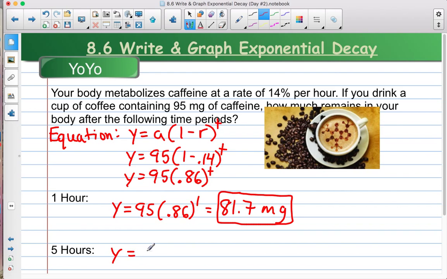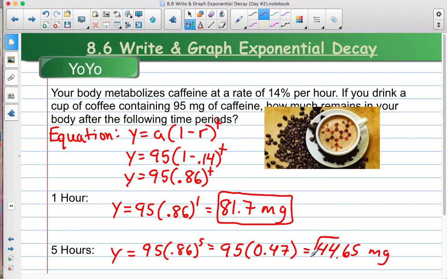After 5 hours, I do 0.86 to the fifth power, and 0.86 to the fifth power turns out to be 0.47, so I'm going to do 95 times 0.47, which still means even after 5 hours, there's still 47% of the original caffeine left in your body. 47% of 95 turns out to be 44.65 milligrams still of caffeine left in your body.